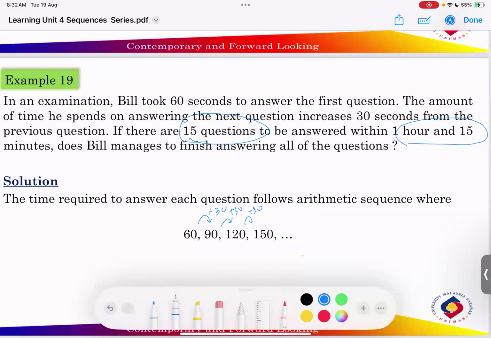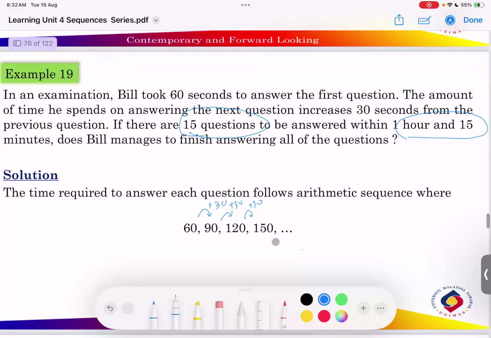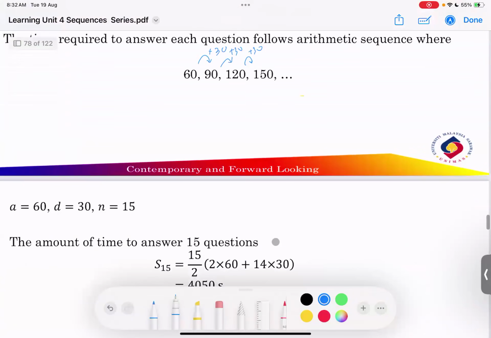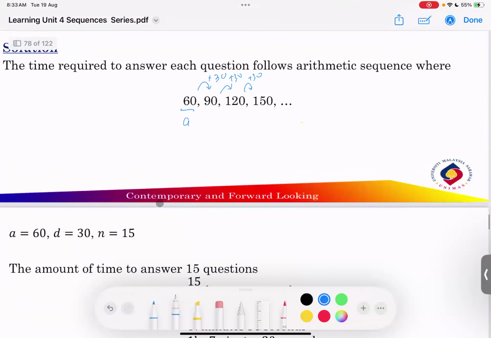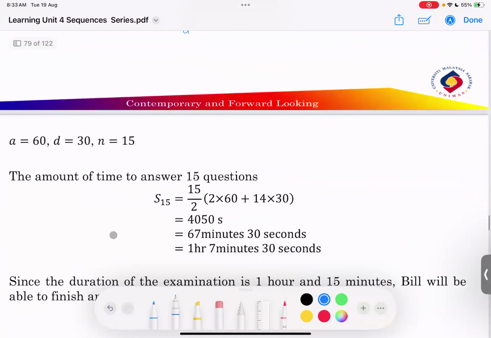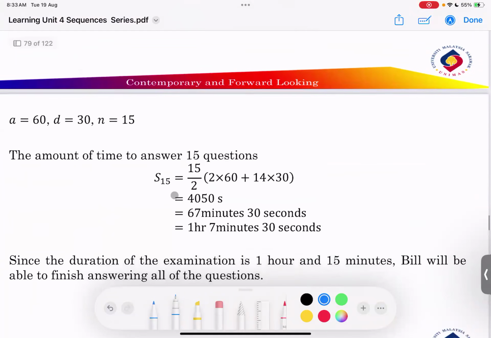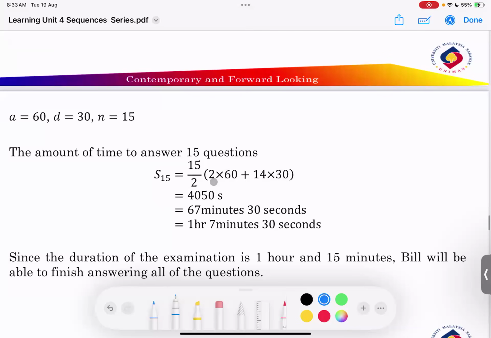What method, what strategy should you use to answer this question? If you have a strategy, let's see whether it is the same as this one. From here we can get the idea that this is the A because this is the first value, and then D is the difference between each term, and N is the number of terms. So we put them into this formula. The amount of time to answer 50 questions is N over 2, 2 times A plus 49 times 30.